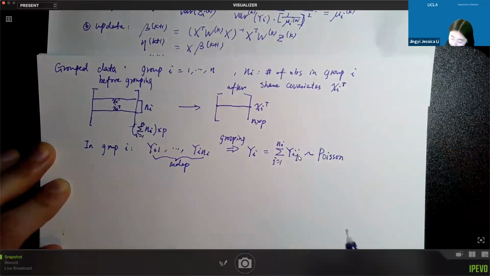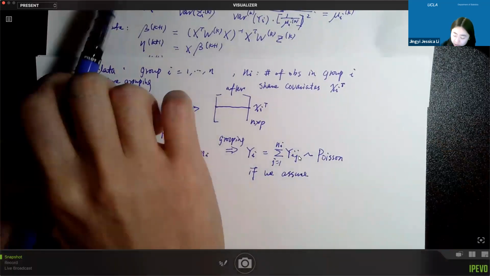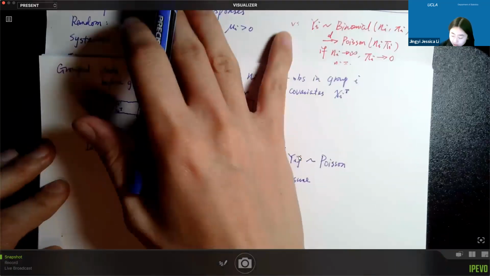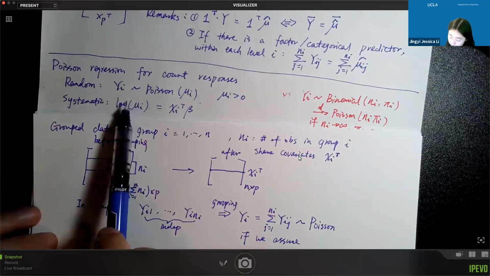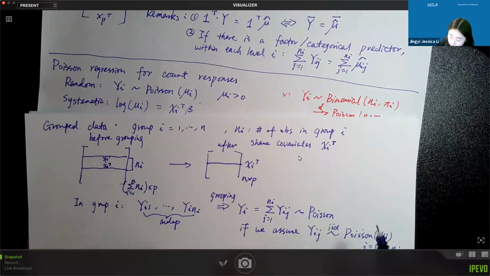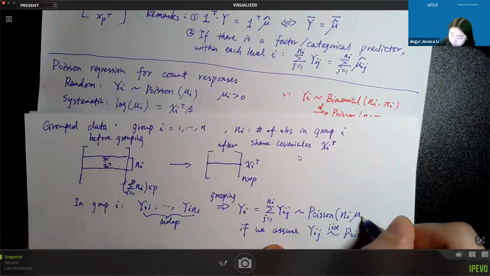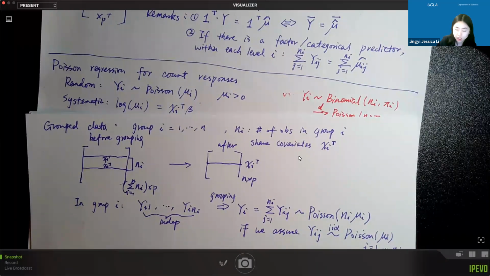So if we assume the same random structure as for the individual data, that is, each y_ij is IID Poisson mu_i, for j from 1 to n_i, then after taking the sum, this Poisson will have mean n_i times mu_i. So under this assumption, I stick with the same random structure for the individual data.